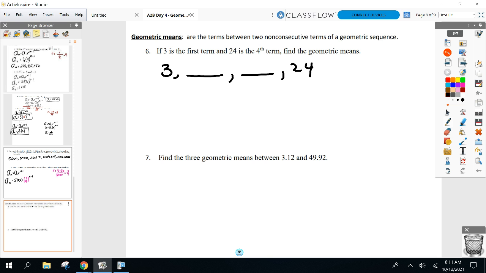Works the same way as arithmetic means, but what's the key value I'm going to need here to figure out those terms in between? My R value. I need the R value.